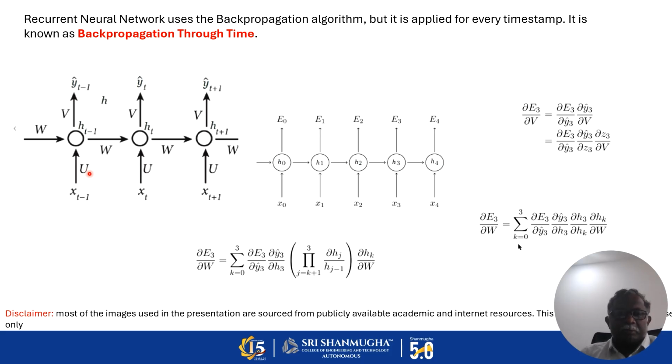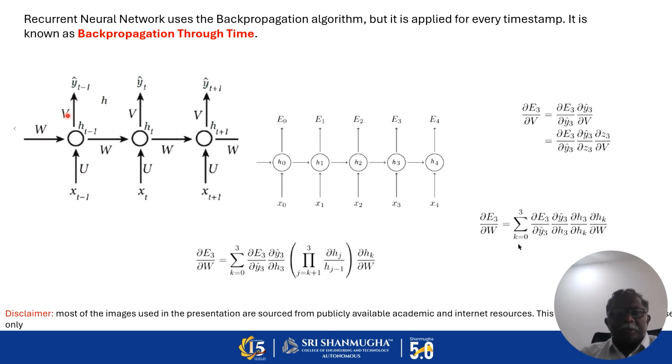That is the notation we used. Here we slightly modified the notation. Earlier we used W naught and B naught, but that is not going to be here. In the previous lectures we used WH, now we are going to put only W. So we have three weights: U, W, and V.